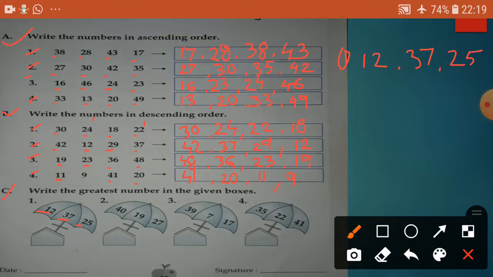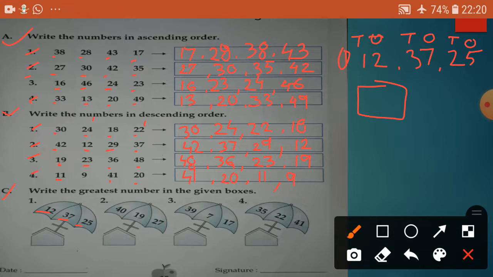So you write greatest number in this box. So see first, tens, 1 ten, 2 ones. I write here 3 tens, 7 ones. 2 tens, 5 ones.